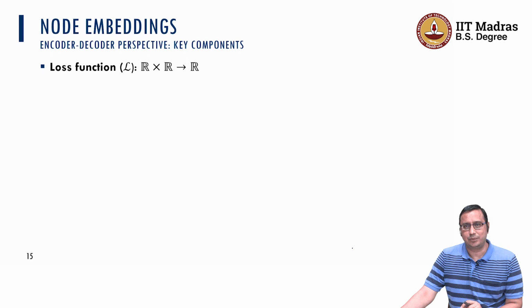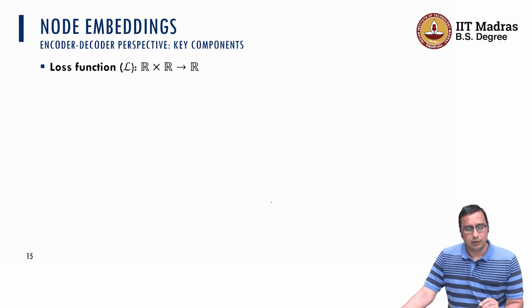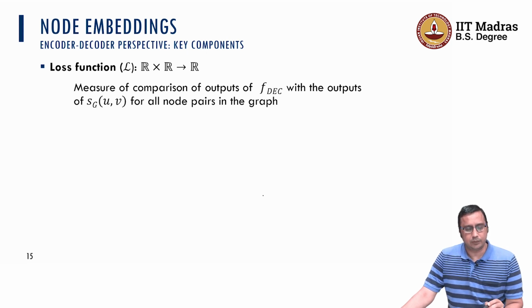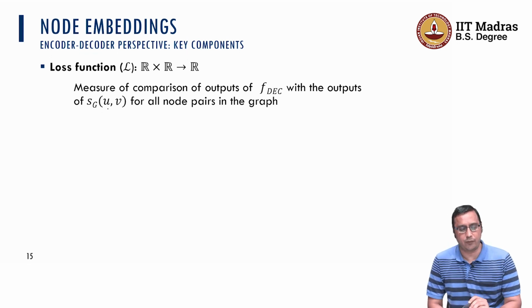And the last one is a loss function. Remember, we are interested in learning. When do we know that the learned parameters are the best parameters, or the learned embedding is the best embedding? Of course, we will define what is the best, and the best comes from the loss function. So the loss function measures the comparison of the output of the decoder function with the output of our similarity function for all node pairs in the graph.